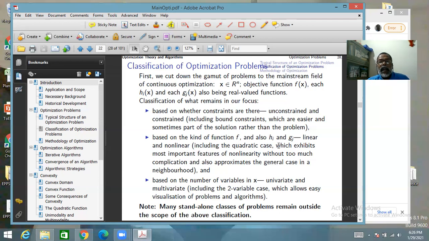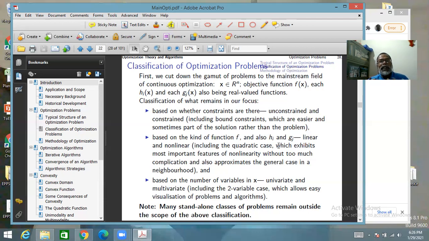And one more importance of the quadratic problem is that even for a general nonlinear problem, the function profile resembles a quadratic case in close quarters, because in a very close neighborhood, a function will be very close to its local quadratic second order approximation.